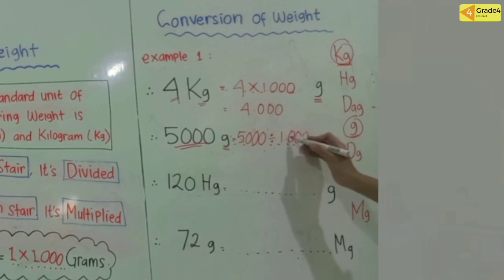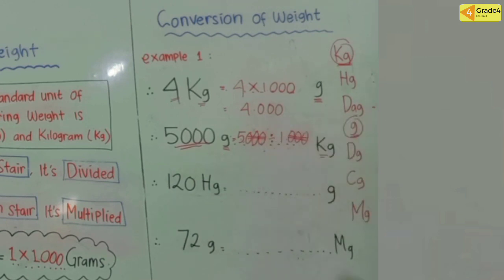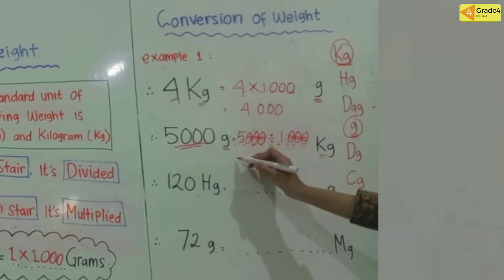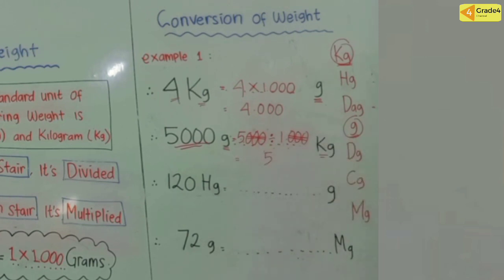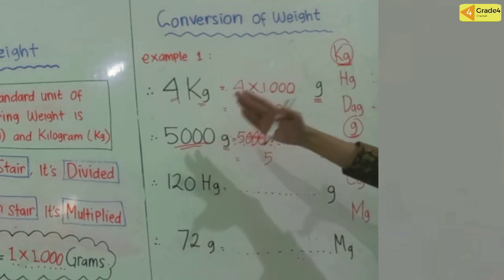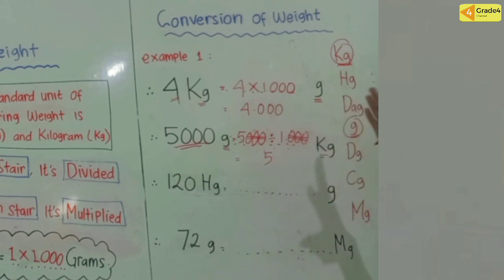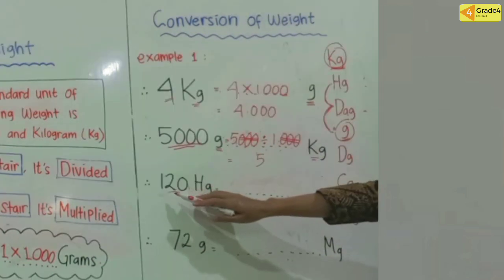So we cross out 3 zeros here and do the same thing here. So we get 5 divided by 1. So the answer is 5. So 5,000 grams is equal to 5 kilograms.